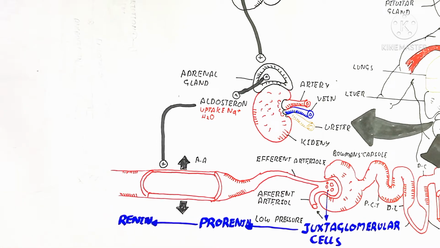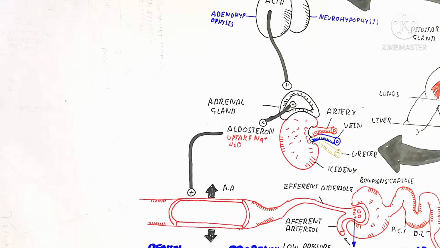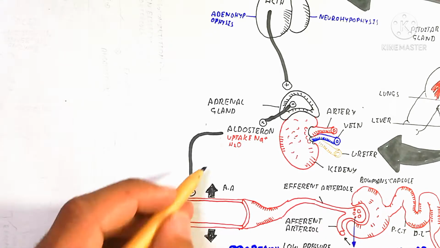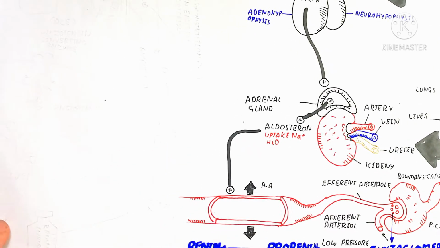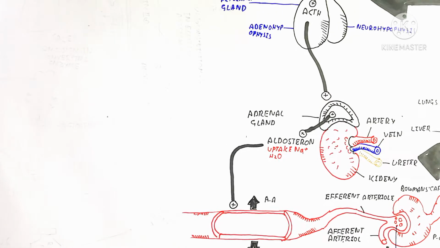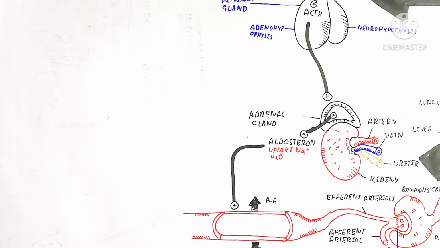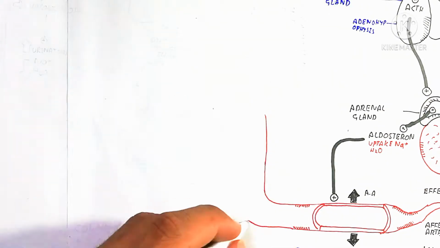So the prorenin, if we talk about it, so the aldosterone is used for the uptake of sodium and water. That mechanism we will discuss later in this video. So here is the prorenin, which is produced, and this prorenin will be the precursor of vasoconstriction. So how it is possible, next we will discuss.